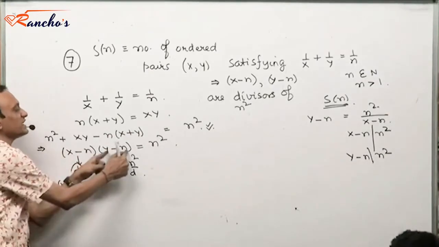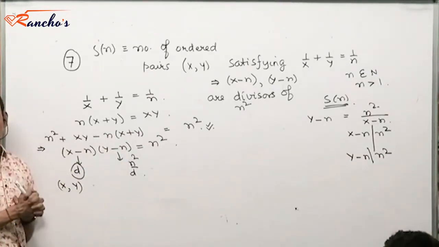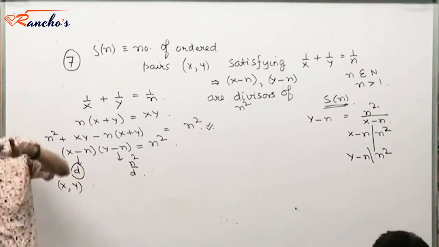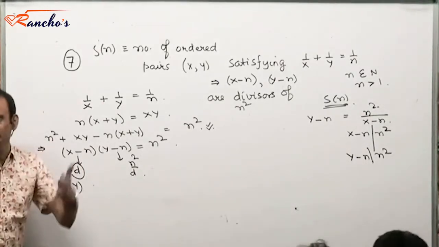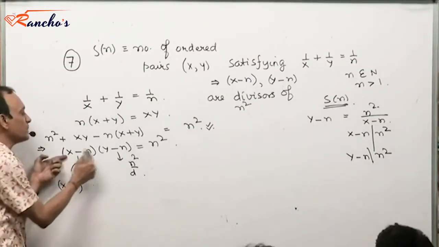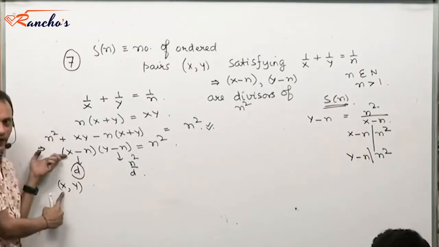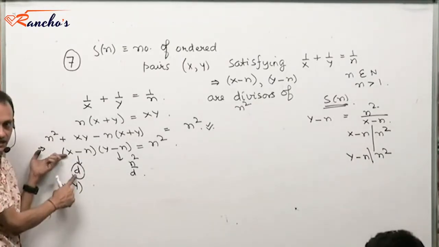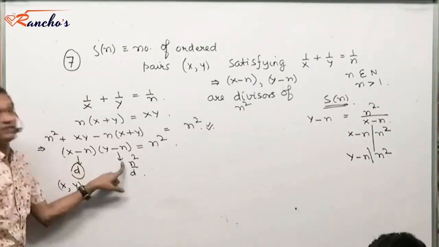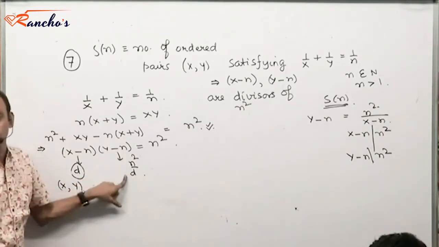I repeat. See, x minus n and y minus n are divisors of n squared, right? Now, if x minus n is a certain chosen divisor of n squared, n squared will have very many divisors. I choose one such divisor, call it d. x minus n equal to d will give me the required value of x. And once I know d, then I know n squared by d. Then that will give me the value of y, because y minus n is n squared by d.